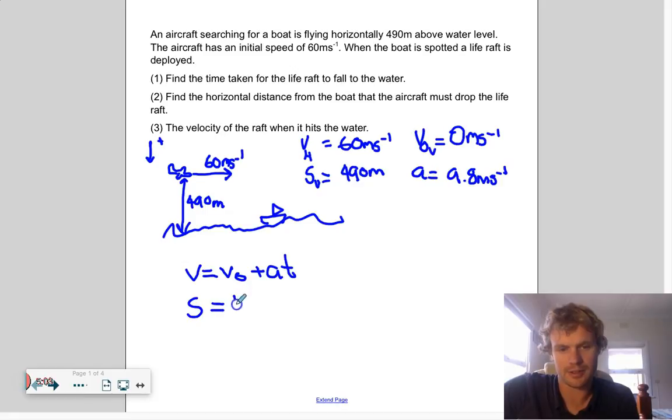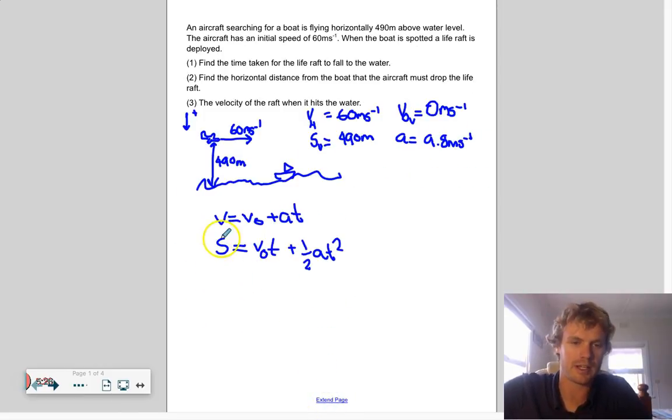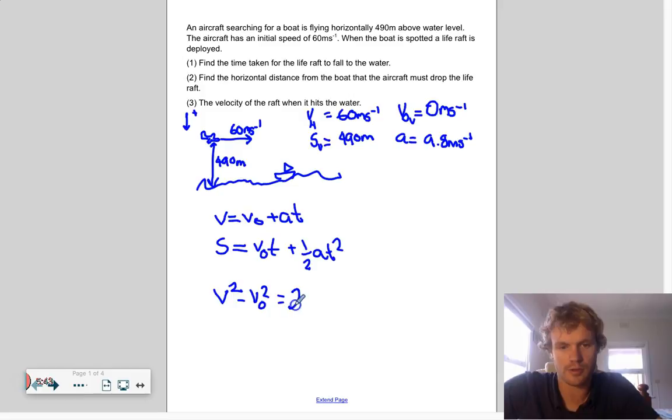S is equal to V naught T plus half AT squared. And we also have V squared take away V naught squared is equal to 2AS.